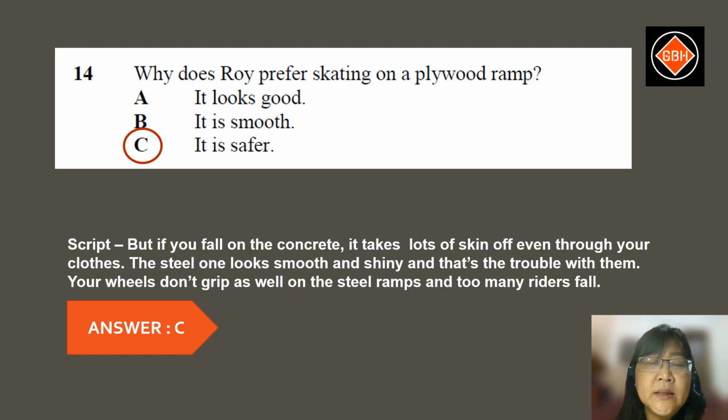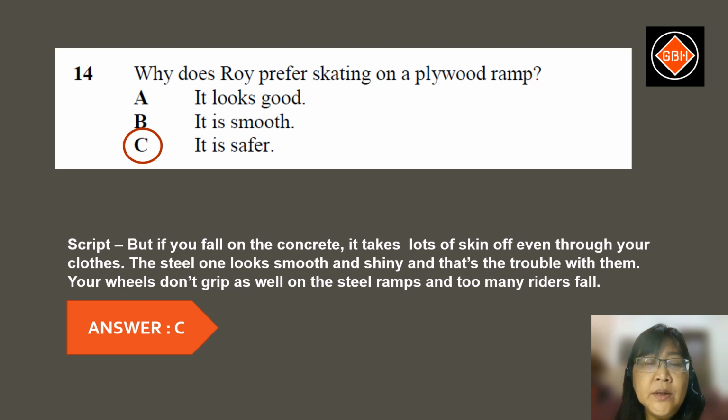The steel one. Okay, now we are talking about the steel ramp. Looks smooth and shiny, and that's the trouble with them. So trouble means the problem with steel ramp. Your wheels don't grip. Okay, so the wheels on your skateboard, they don't grip on the steel ramp.